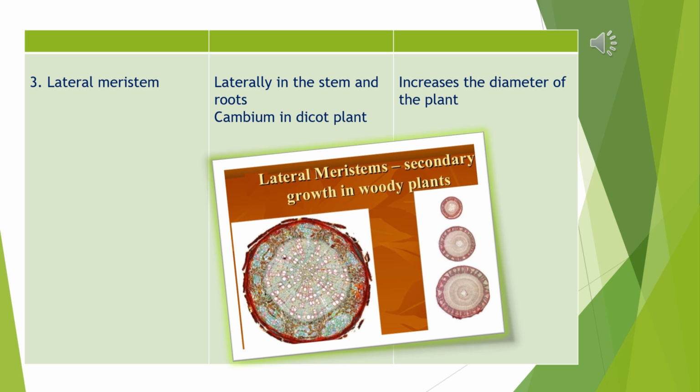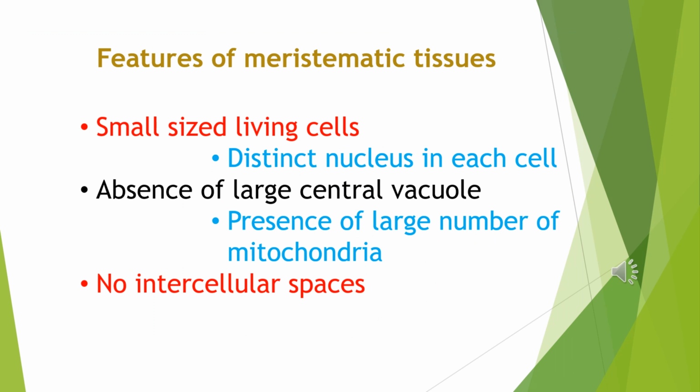Cambium tissue found in dicot plants is a lateral meristematic tissue. Now it is clear to you that the common function of meristematic tissue is growth of the plant, by increasing the height of the plant, the length by increasing the length of internodes, and increasing the diameter of the plant stem.